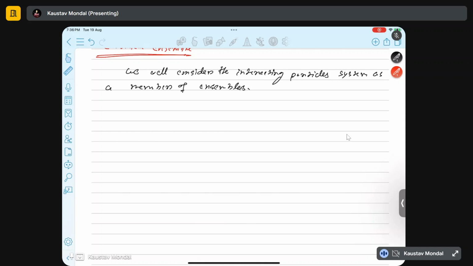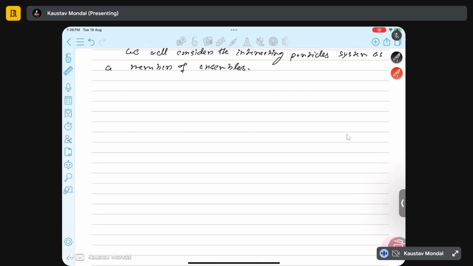So let's suppose there is a system with interacting particles, with particle number N, volume V, at temperature T.